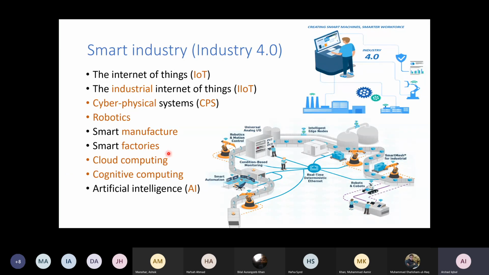And then smart manufacturing, smart factories, cloud computing, cognitive computing, and AI. If you could see this graphic, the aim is creating smart machines and a smarter workforce. And if you could see this dashboard, which provides some analytics, the analytics is provided through an AI mechanism. So this is all about smart industry.